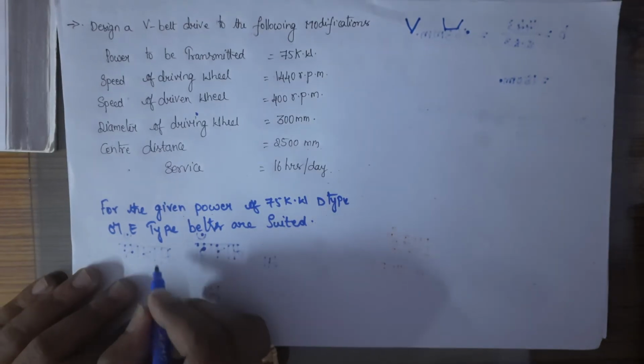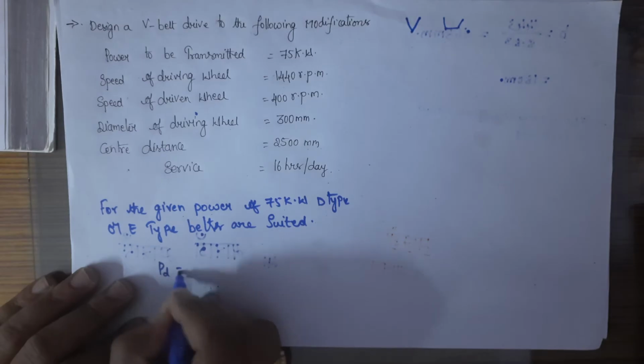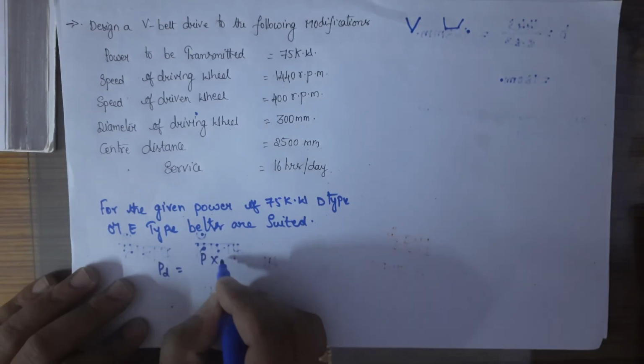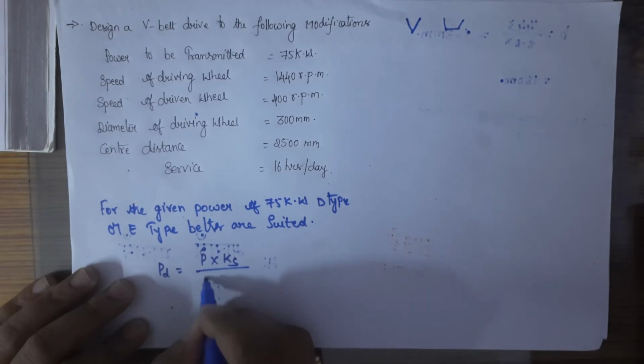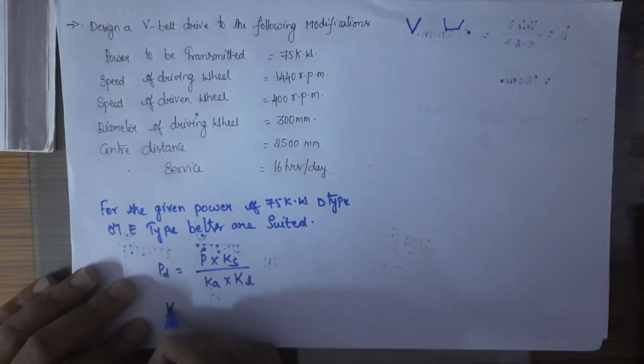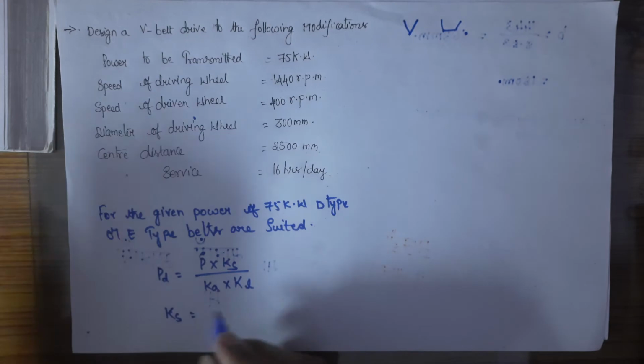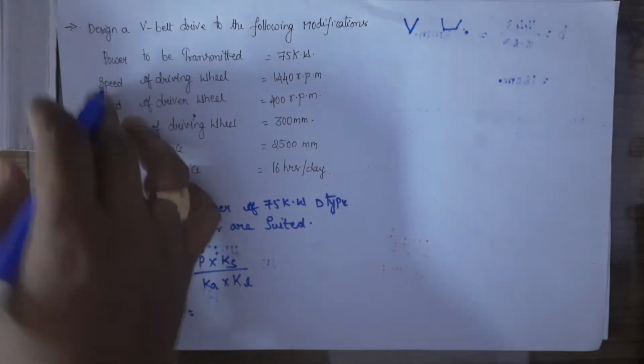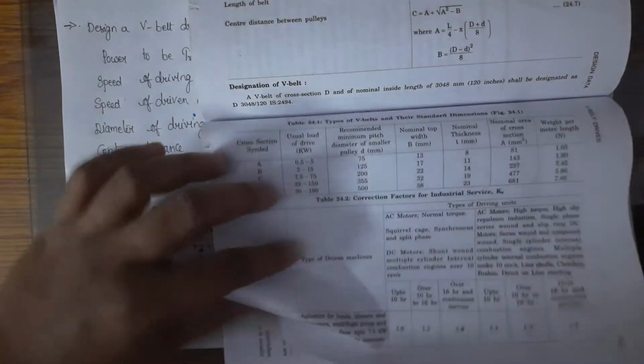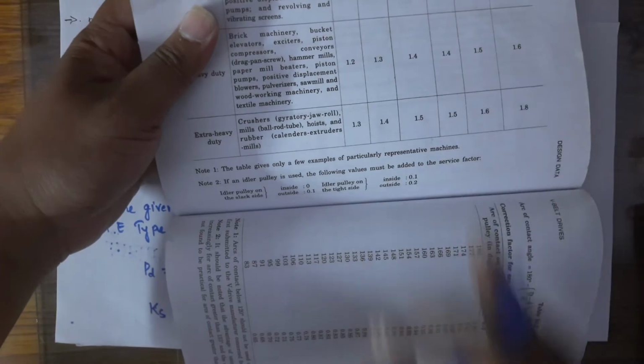So the design power PD is equal to P into Ks by Ka into Kl. The Ks is nothing but the correction factor. The correction factor that we have selected is 1.5 for heavy duty.